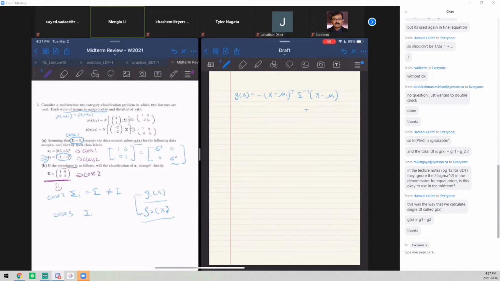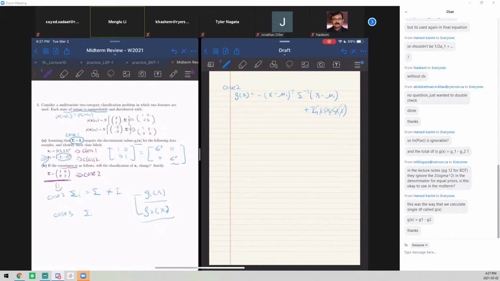We also need to add this one, but it's the same because the prior probability is the same, so we just ignore this part. Okay, so that's the G function for case 2.